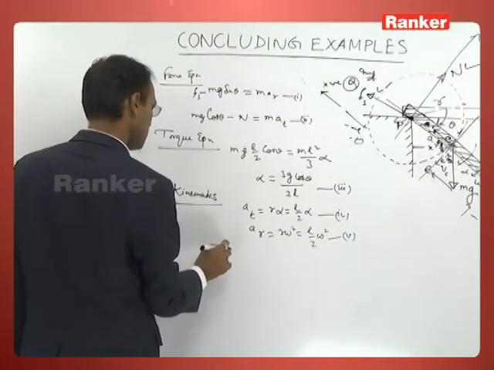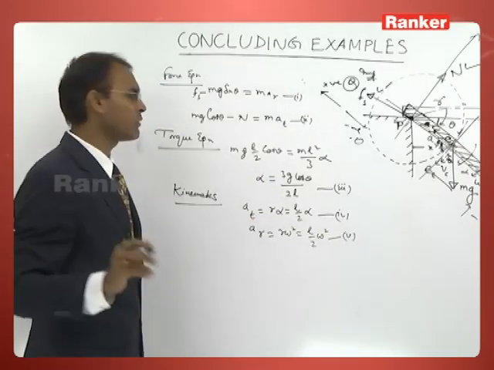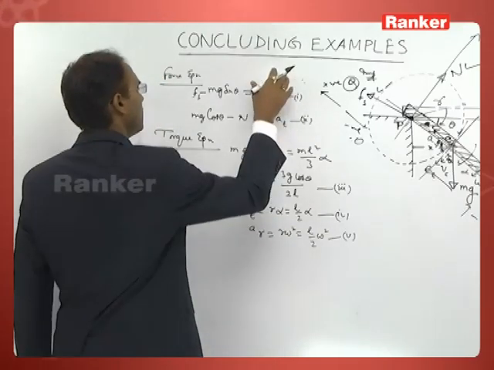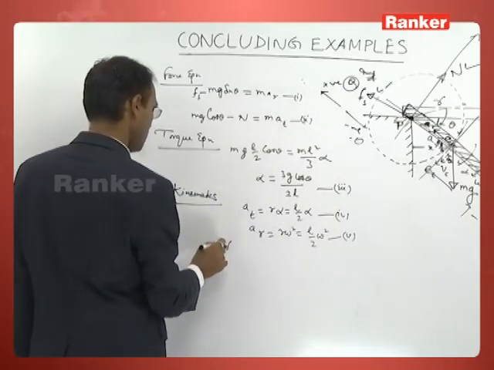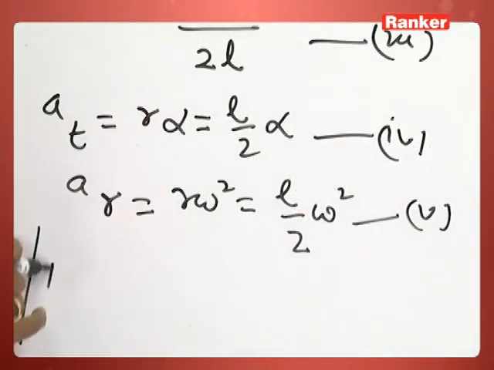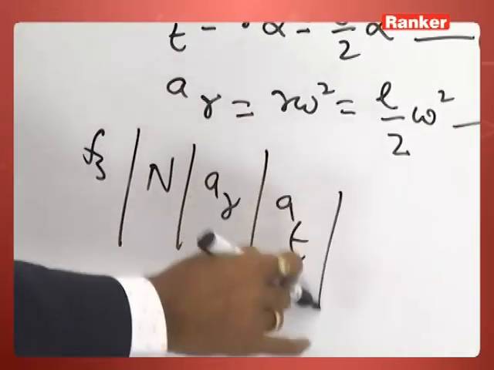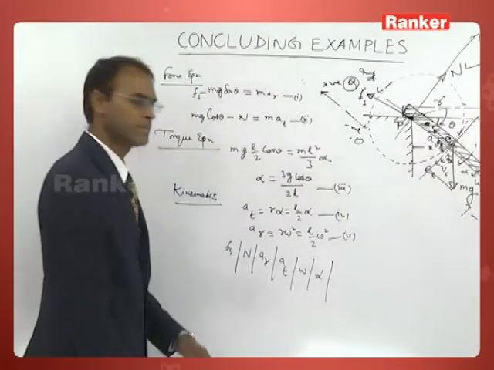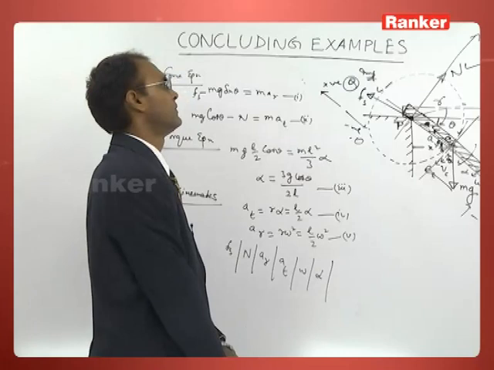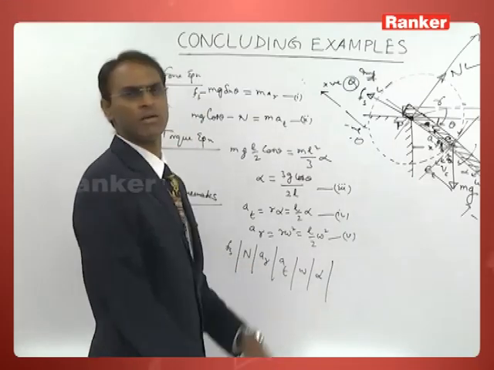Now we have 5 equations and we have to calculate a number of unknown quantities. They are Fs, N, AR, AT, omega, alpha. One, two, three, four, five, six unknowns.